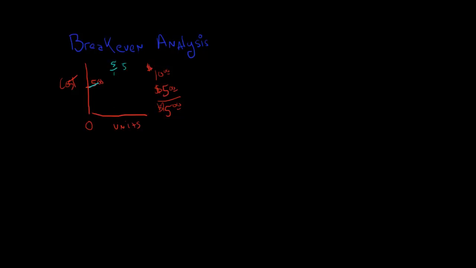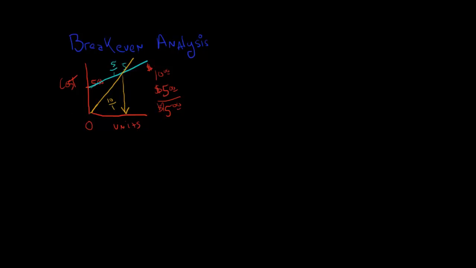However, if I draw a second line right here in yellow, for every 1 unit I sell, it rises a little bit more, because every 1 unit it runs this way, it rises $10. So eventually this line will look like this, this line will look like this, and at one point they will cross, and that is the number of units required to break even.